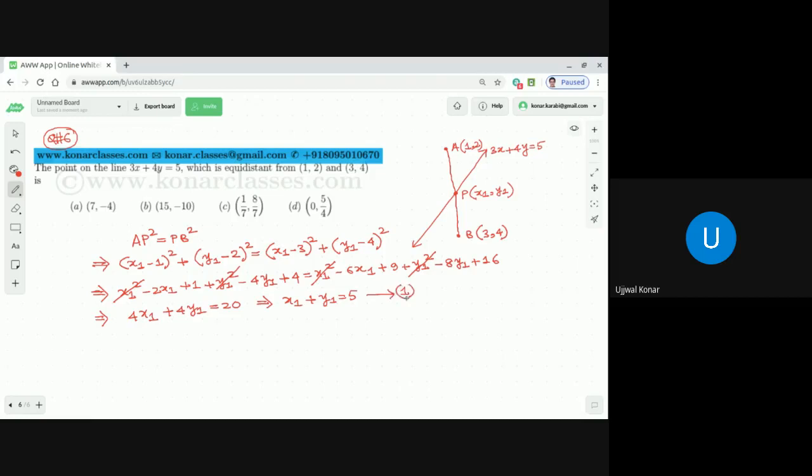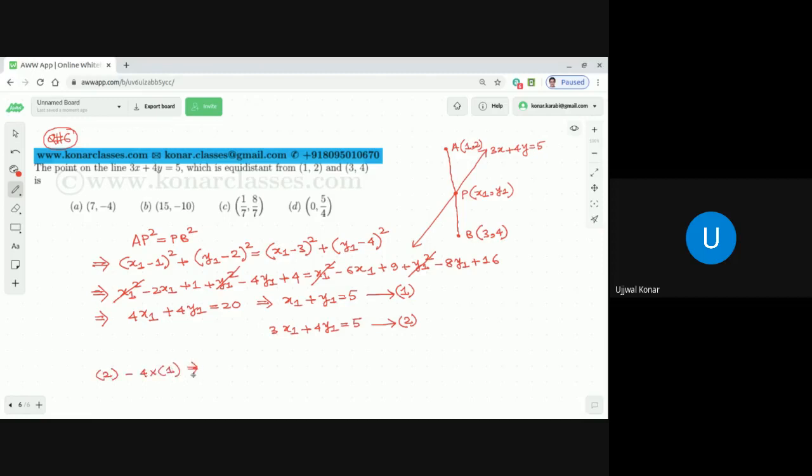Now, dear students, the point P, whose coordinates are (x1, y1), is also on the straight line 3x plus 4y equal to 5. So it must satisfy this equation: 3x1 plus 4y1 is equal to 5. Correct? Now, we need to solve these two equations. Solving these two equations is pretty simple. What we should do is equation 2 minus 4 times equation 1.